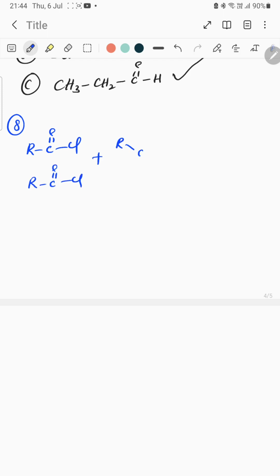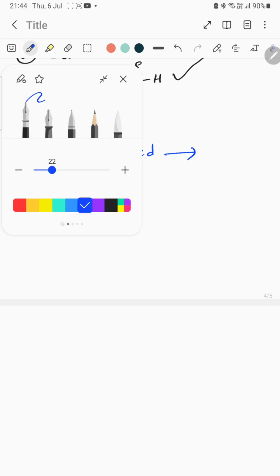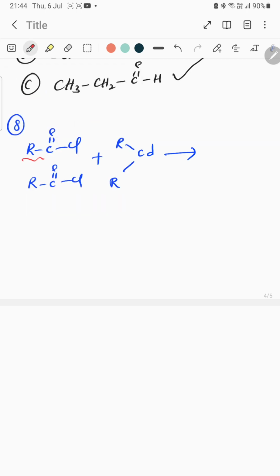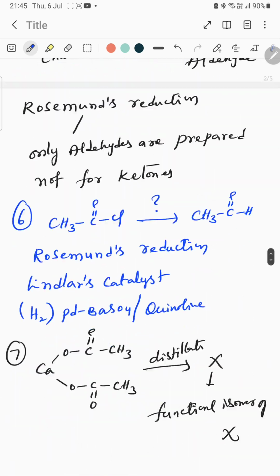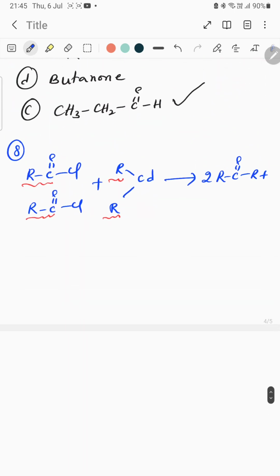It reacts with dialkyl cadmium, and gives rise to RCO with R, and the remaining is the 2 moles of RC double bond OR, plus CdCl2 will be formed. What is this? This is ketone.